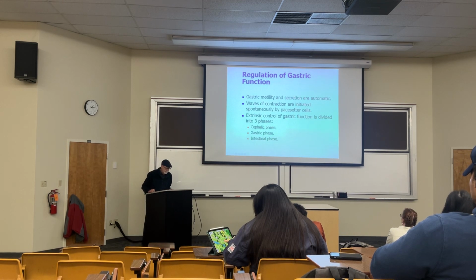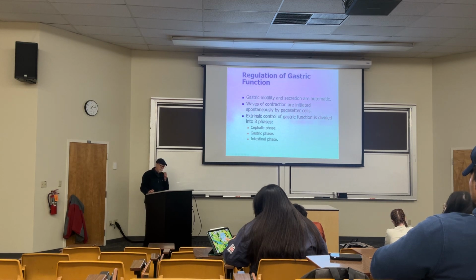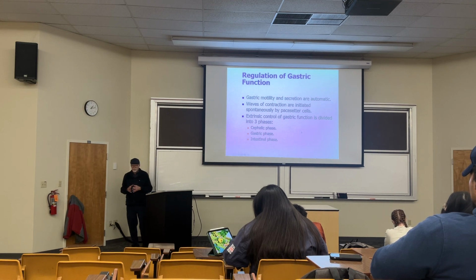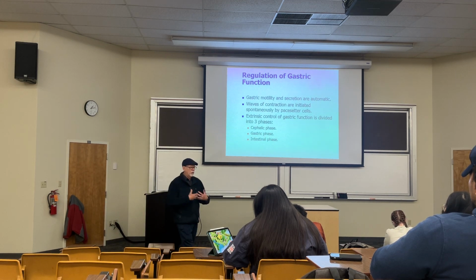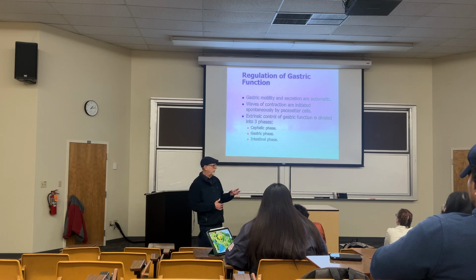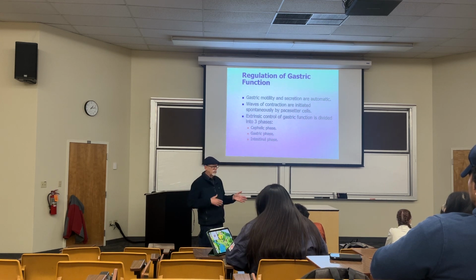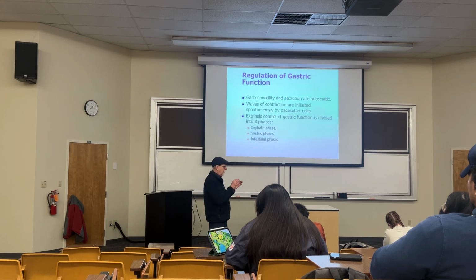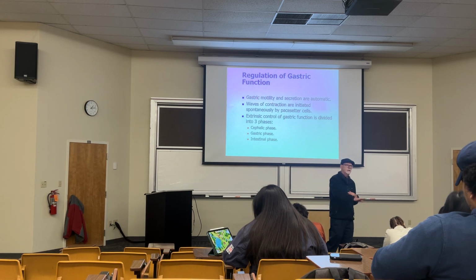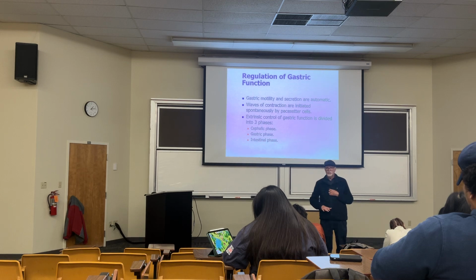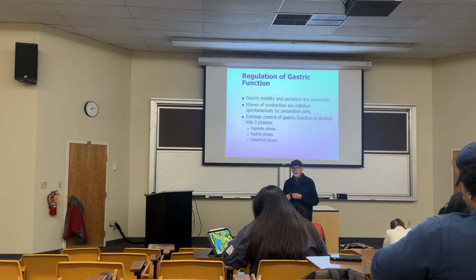If we look at gastric motility and secretion, we can separate the phases controlling these things into three main phases: cephalic, gastric, and intestinal. Cephalic and gastric gear up the activity of the stomach, both secretion and motility. The intestinal phase is a negative feedback. It starts tamping it down, reducing it.